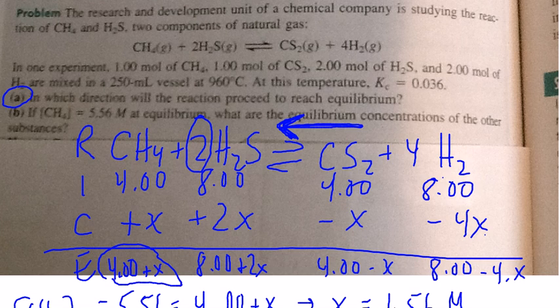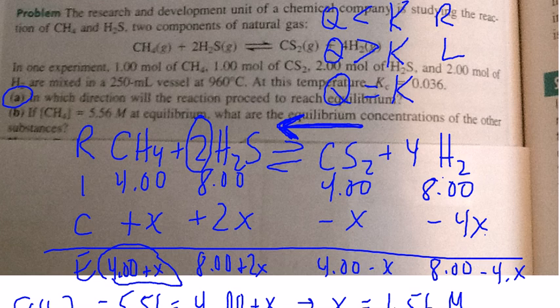You compare Q to K, and as we said in an earlier video, if Q is less than K, the equilibrium shifts to the right in order to increase the products and decrease the reactant ratio to approach K. If Q is greater than K, as we were in this case, the reaction shifts to the left to lower that ratio by increasing the reactant concentrations and decreasing the products. And of course, if Q is equal to K, then we are actually sitting at equilibrium.